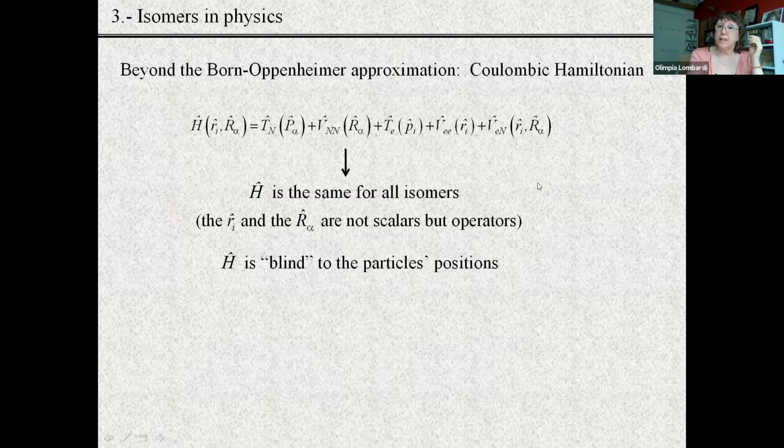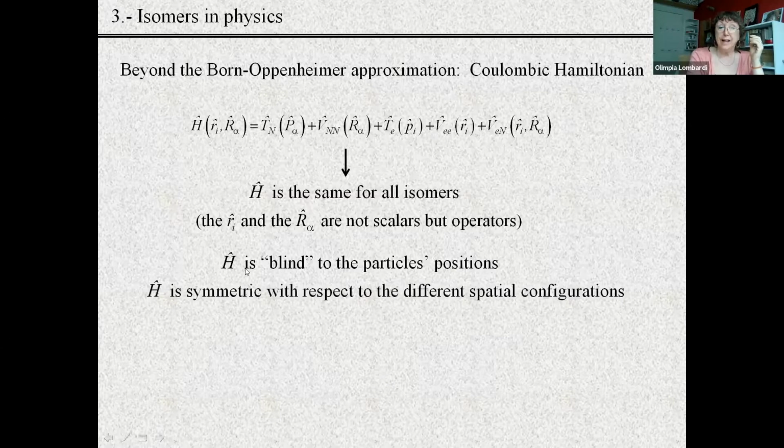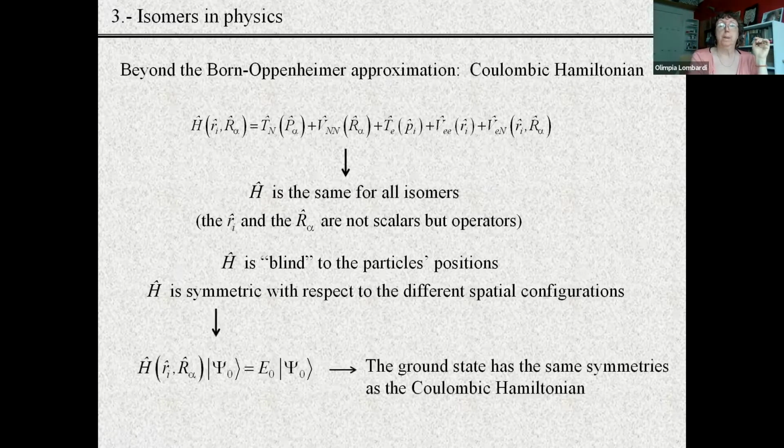Okay, if this is the case, the Coulombic, the resultant Hamiltonian, is symmetric with respect to the different spatial configurations. I can imagine the nuclei, for instance, in all the possible configurations, and the Hamiltonian is the same.